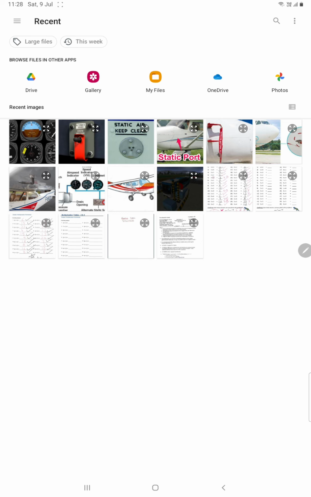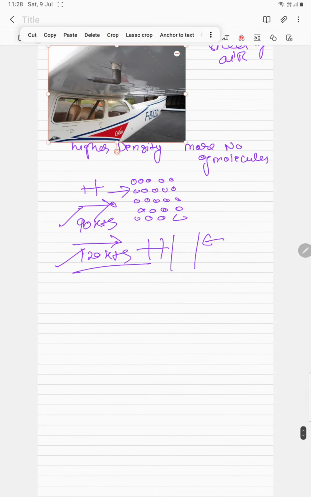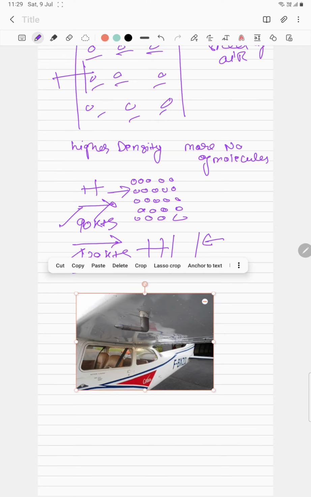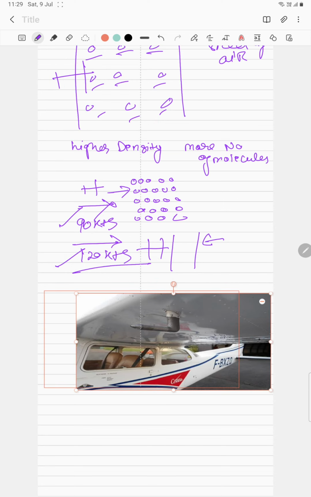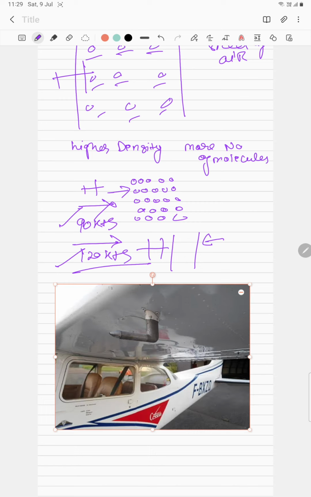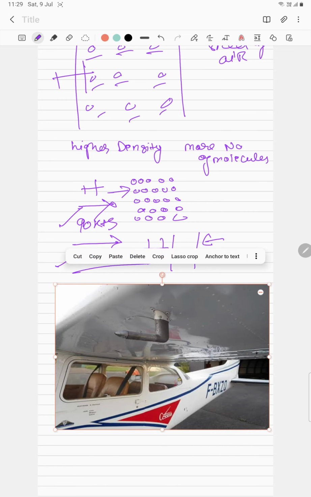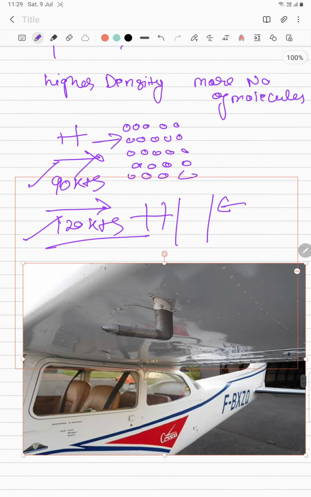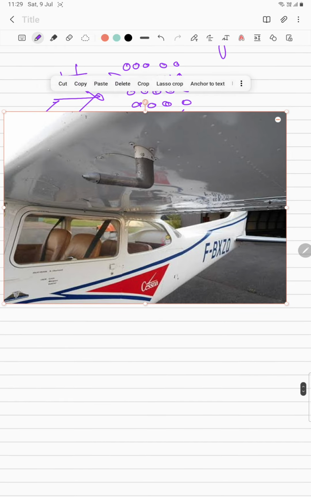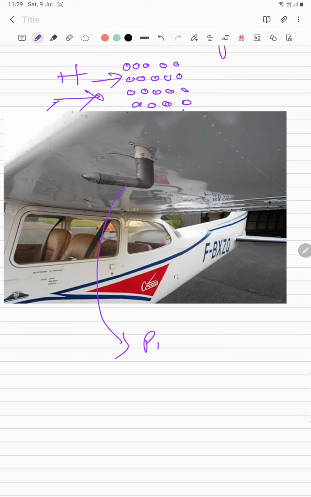Majority of you in your training days have flown the Cessna, or the students who have not yet flown will be flying the Cessna soon. So guys, this is your Pitot tube. You can see this tube. This tube is your Pitot tube. Now the Pitot tube is placed just under the vents.